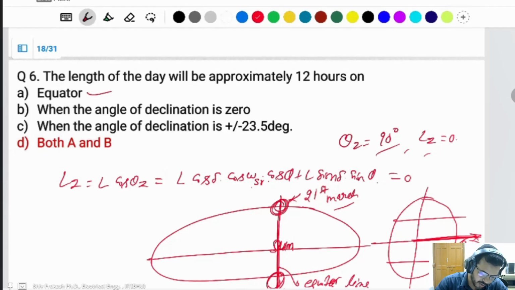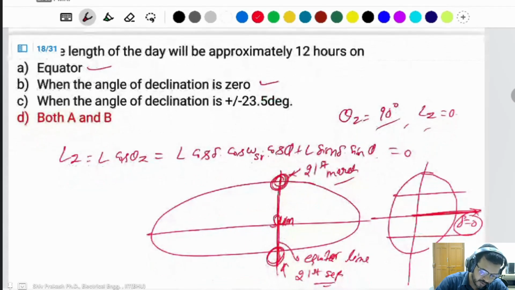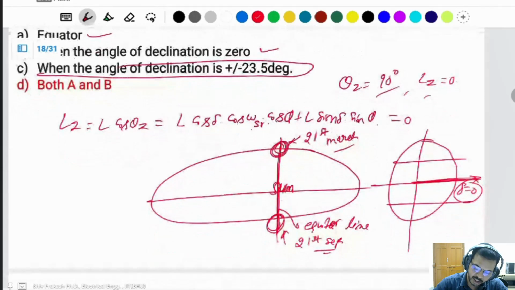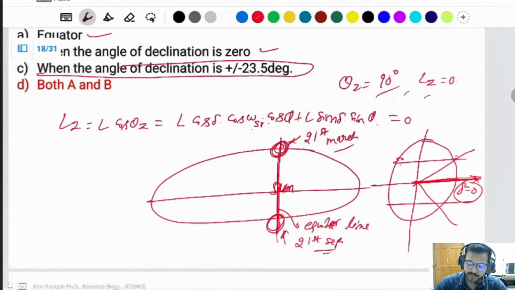That's why it will be at the equator, and when the declination angle will be 0 degrees. When the declination angle is plus or minus 23 degrees, it means this will be here and here, then this will not be the same day and night time. It will be different. Only the equator plane has the same daytime and night time.